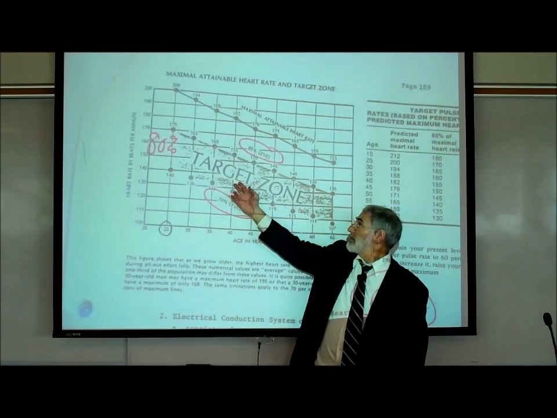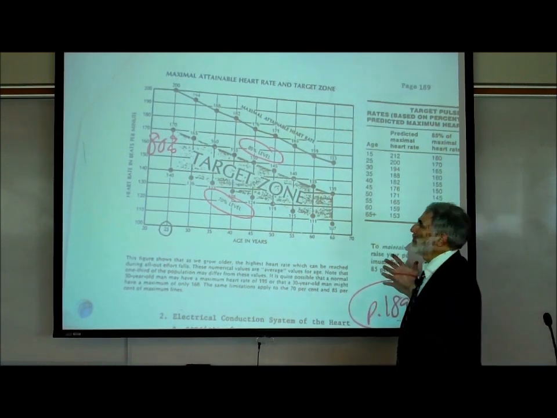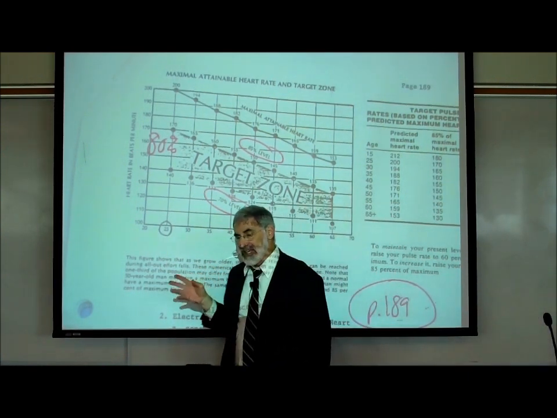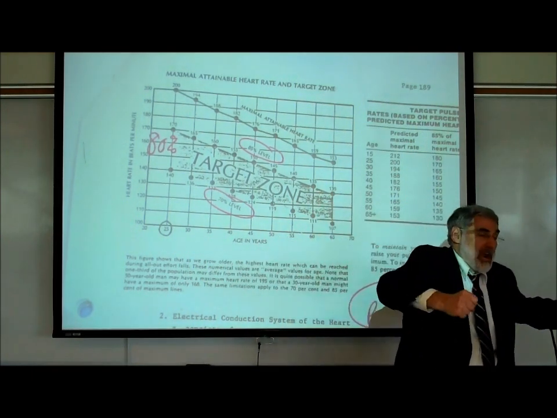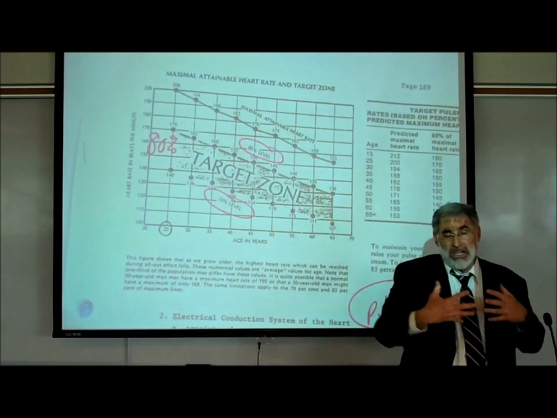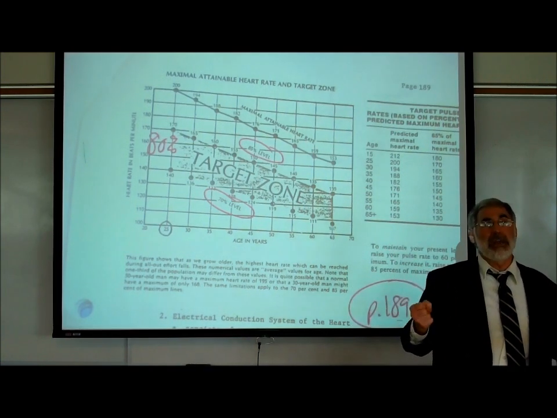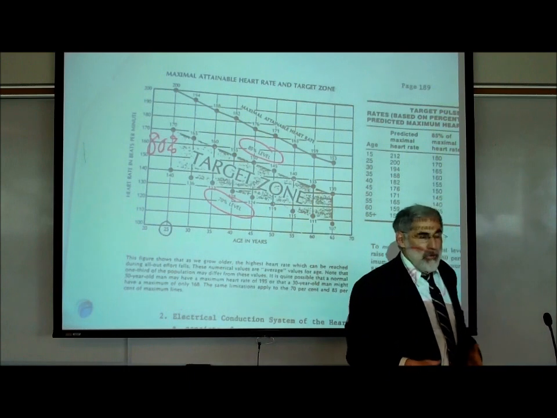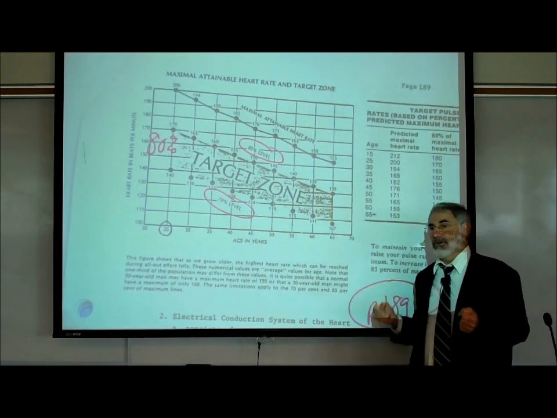We also talked about this target zone business, because what the target zone concept is, we said that what will make your heart bigger and stronger and increase vascularization of your heart is making your heart rate speed up. So how fast do you have to make your heart rate speed up to make your heart become bigger and stronger?